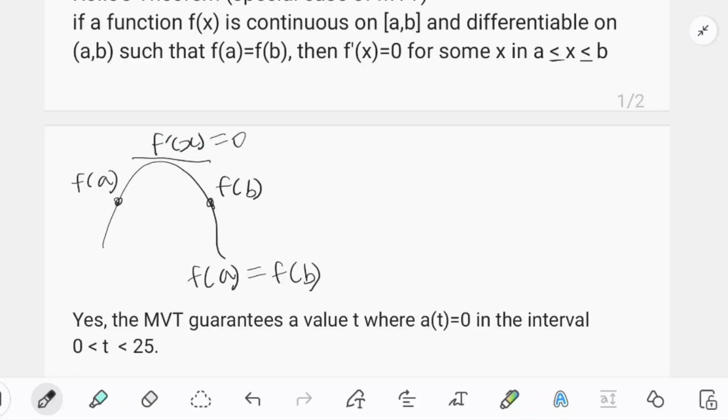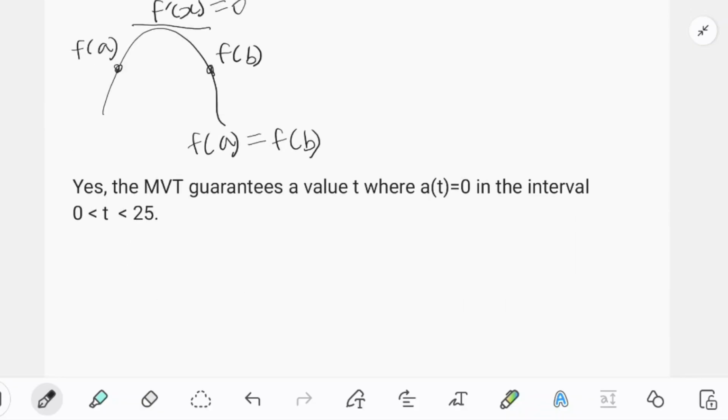This is because if a function eventually comes back to the same point later, no matter what kind of path it takes, it must have a critical point in that interval. So in conclusion, our answer is yes, the mean value theorem guarantees a value t where a of t equals 0 in this interval.